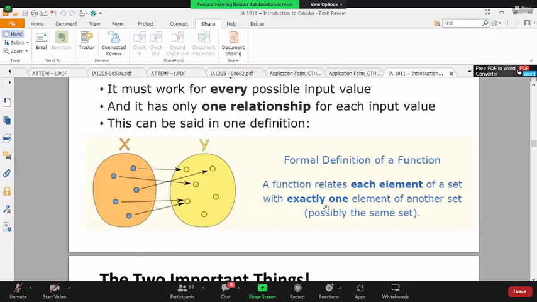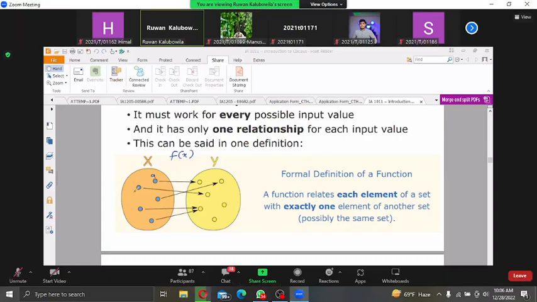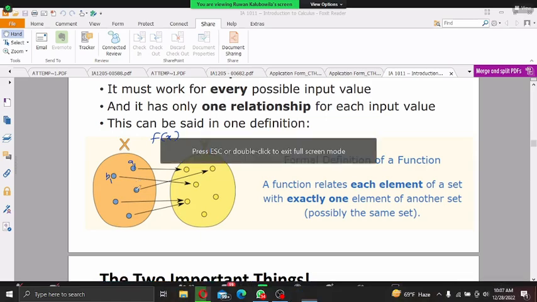In this figure, let's say we have a function called f(x). Let's take these elements, a1, b1, c1, like that.